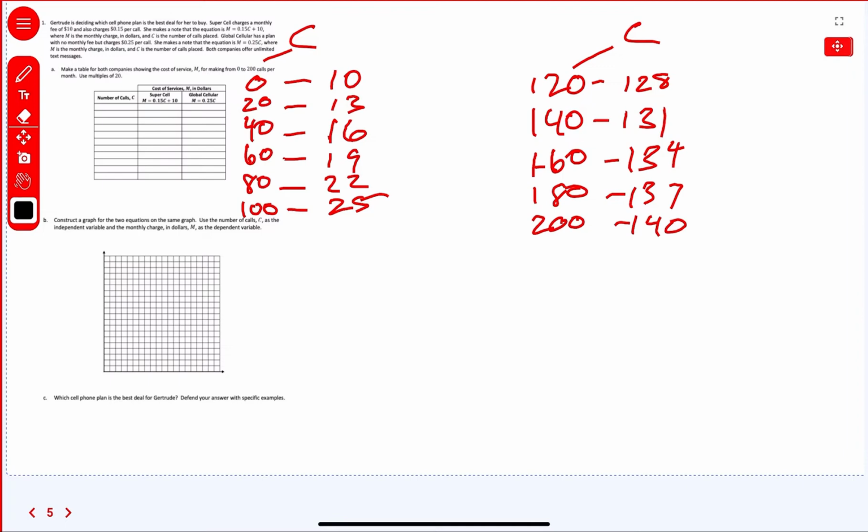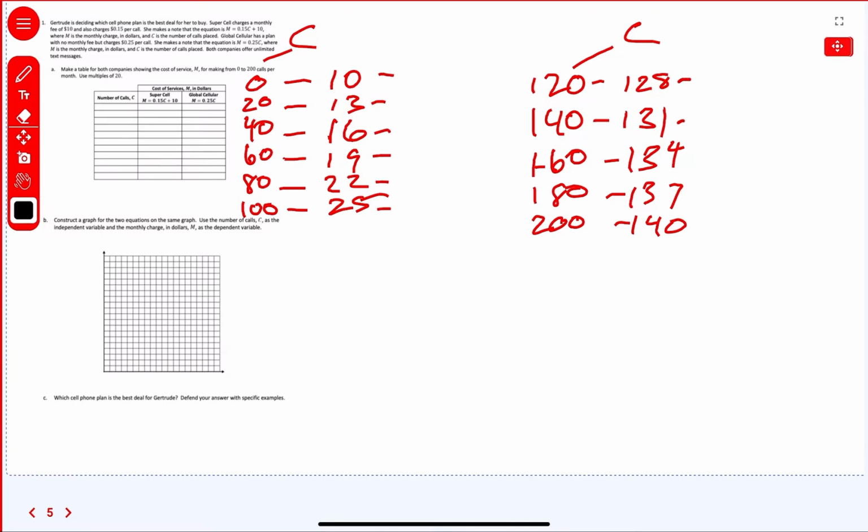That's why it's going up by 3 each time, because we're doing intervals of 20. And if we multiply that by 0.15, that is 3. So it's just going to go up by 3 each interval of 20. Okay? Not each call, each interval of 20. Now we've got to do Global Cellular.